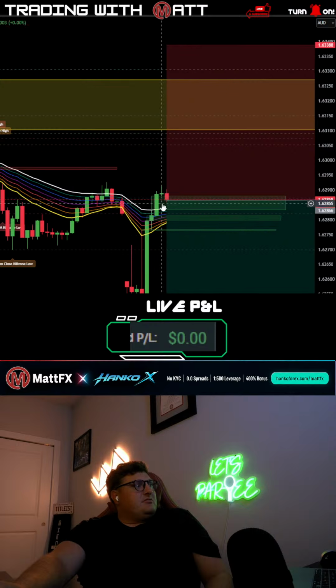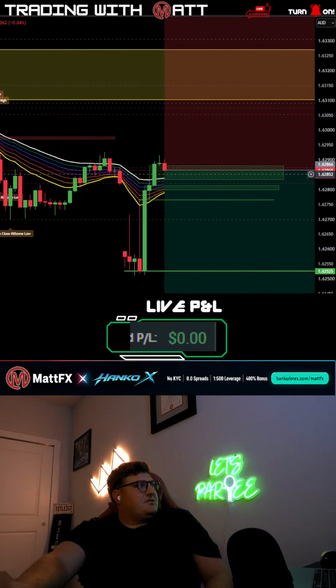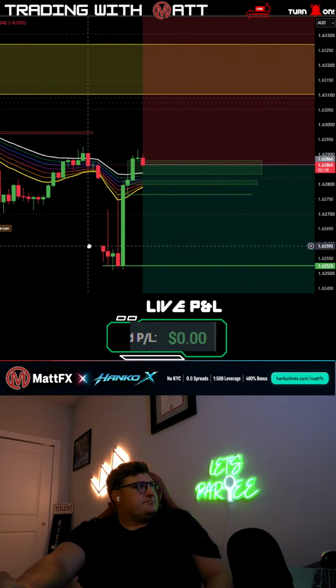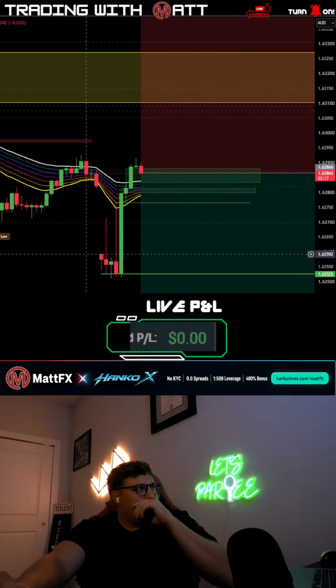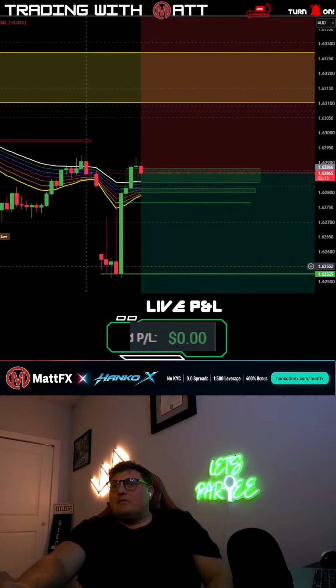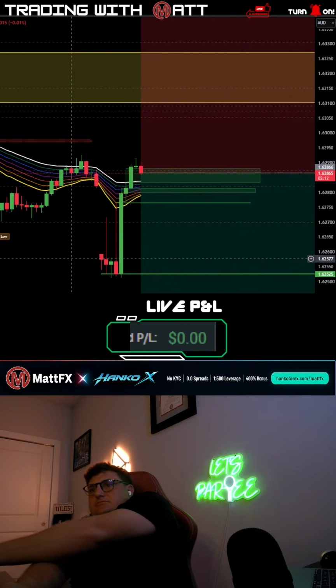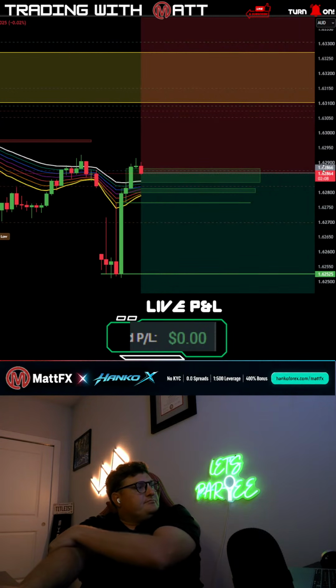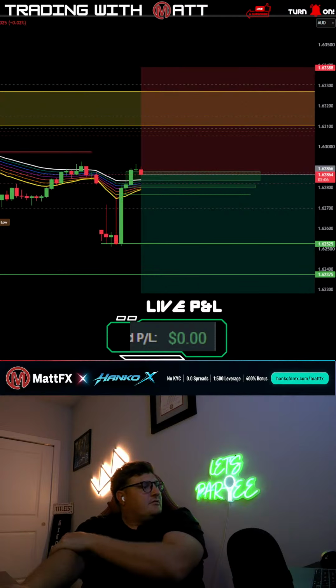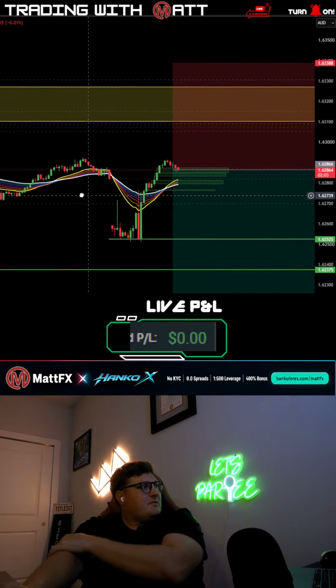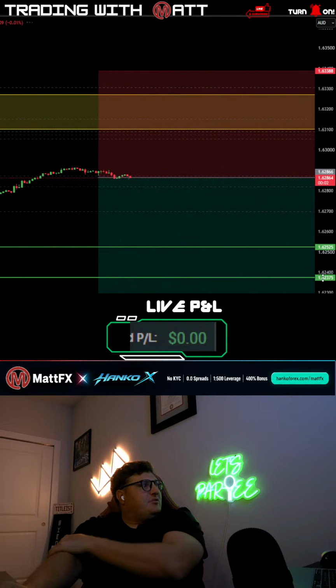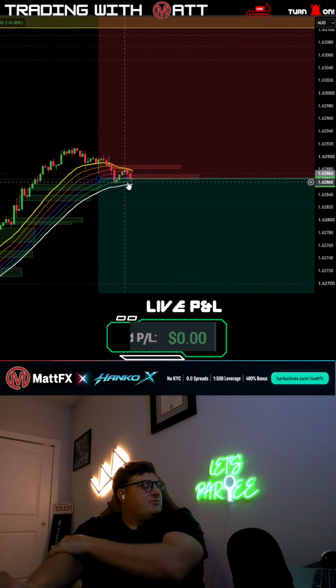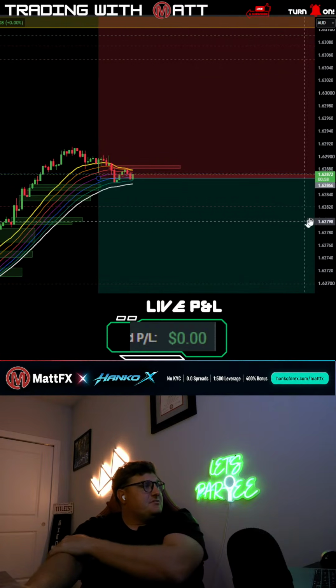I want to see a big old rejection here of the London kill zone low. Because if we get this rejection, we're in. The 5 minutes rejecting, the 1 minute's rejecting. The 1 minute's going to get a ribbon flip here soon.